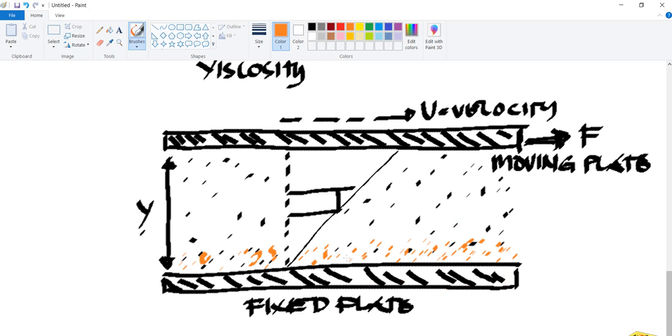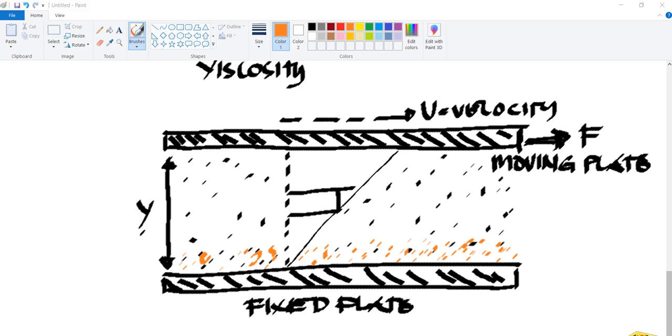So the film that sticks to the fixed plate will have a zero velocity, while the fluid directly in contact with the moving plate gains the same velocity as the moving plate. So for small values of u, the velocity, and also the distance, the velocity gradient can be assumed to be a straight line. Then the force varies as your area, your velocity, and your distance.